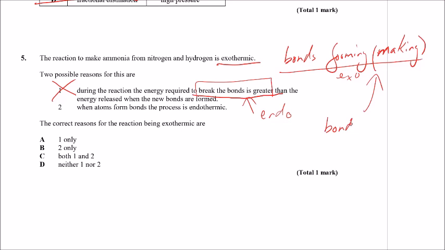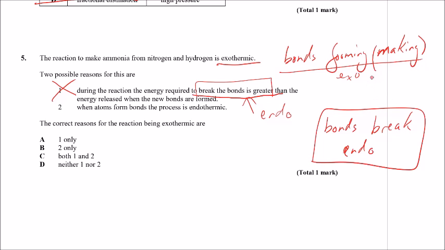When bonds break, this is endothermic. Okay, so statement 2 is also incorrect, because forming bonds is not endo, it is exo. So neither 1 nor 2 are correct, so the answer should be D.